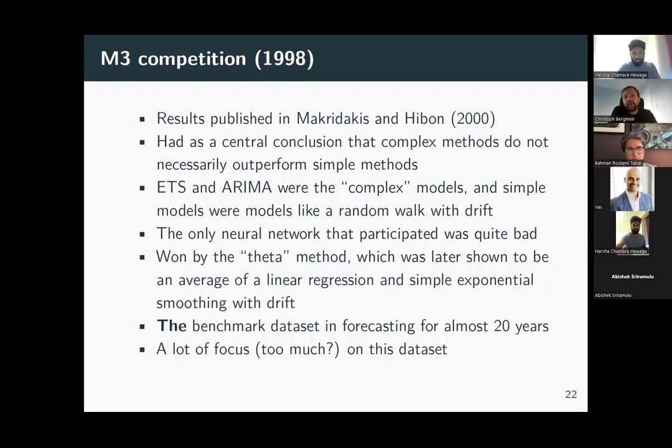The yearly data have as low as 15 data points. The monthly data has maybe 120 data points per series. This data set was basically the benchmark data set in forecasting for almost 20 years. It has seen a lot of focus, maybe a bit too much. And I think on this data set, to perform well as a machine learning method is quite difficult.